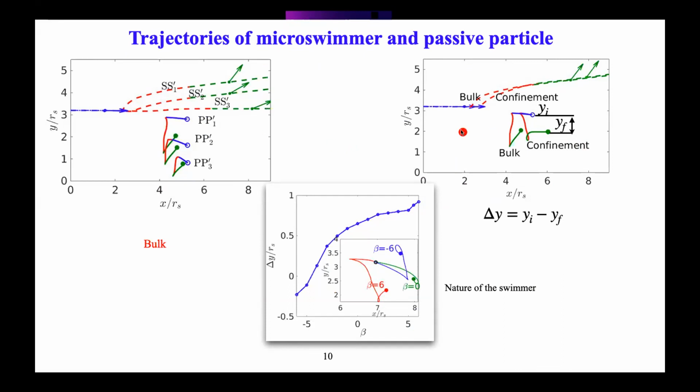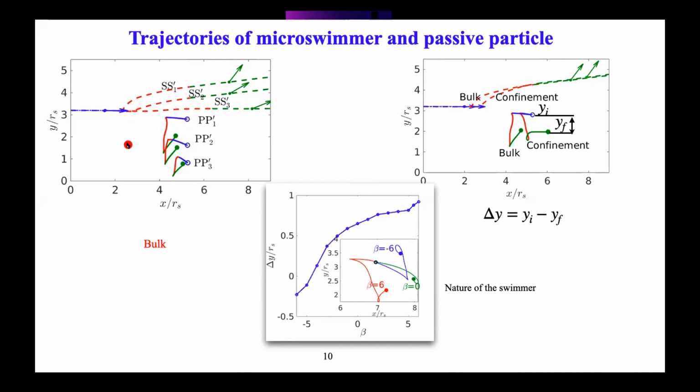In these 2 pictures, the trajectory of the microswimmer is represented using the dashed curve, and the trajectories of passive particles are represented using the solid curve. Different colors are used to show different stages. The blue one corresponds to stage 1, the red one is stage 2, and the green one represents stage 3.